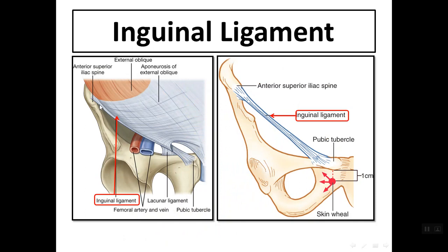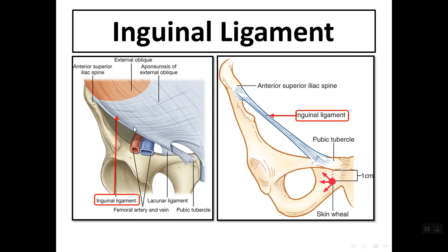This is the inguinal ligament, as we said before. It is the lower folded edge of the external oblique, and it extends from the anterior superior spine to the pubic tubercle. This is the inguinal ligament.